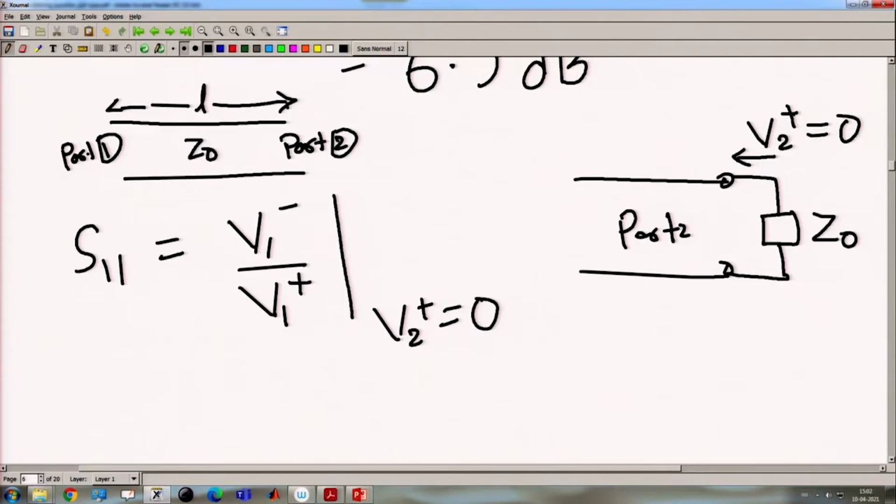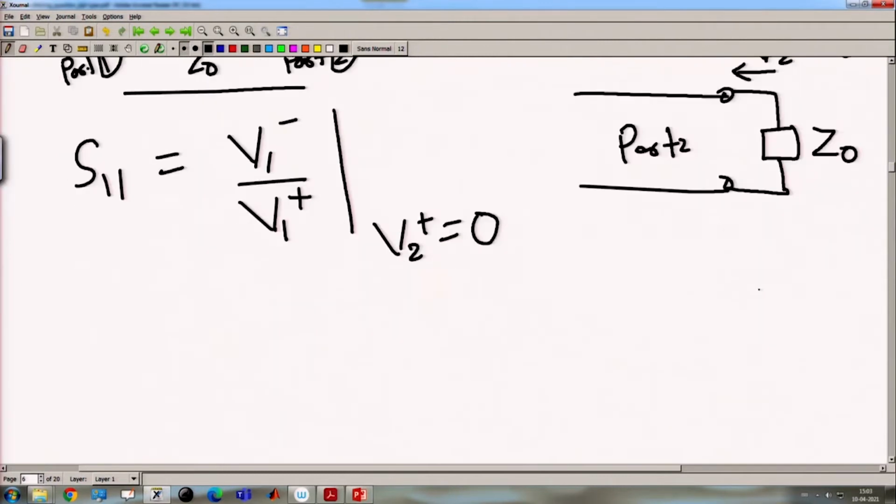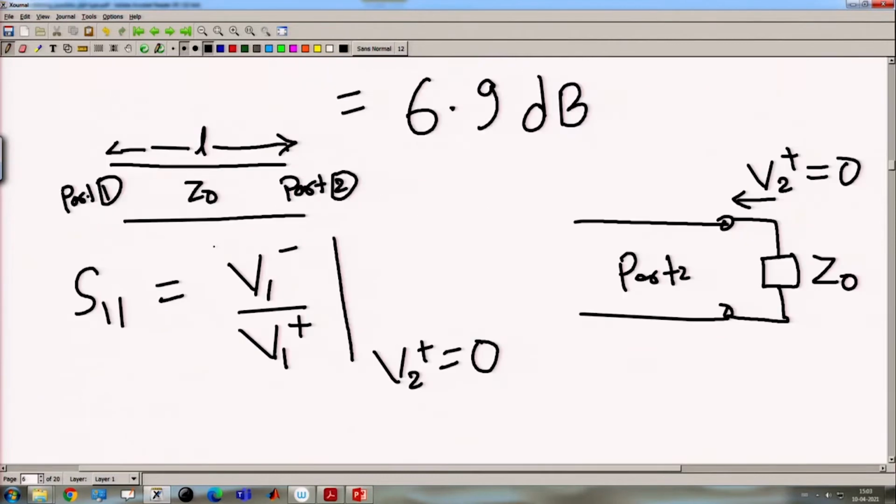Since the transmission line also has characteristic impedance Z naught, there will be no reflection. The transmission line will be matched with the load impedance Z naught, and as a result we will get V1 minus equal to 0.